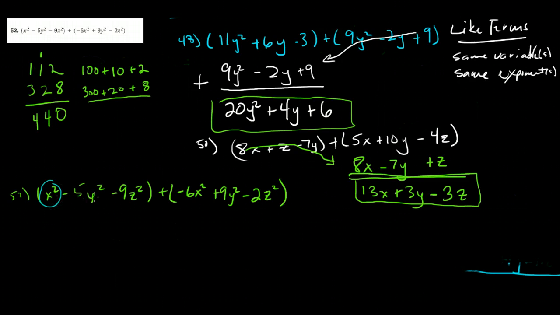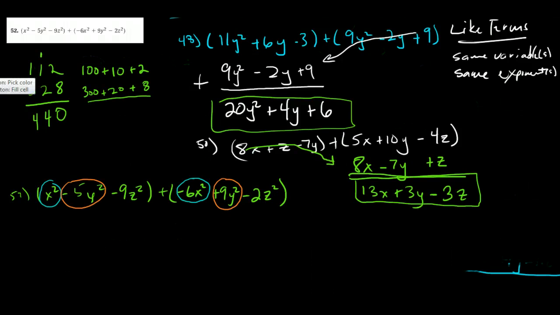So I have an x squared there, and I have a negative 6x squared there. And remember, the signs are the operators. So here I have a negative 5y squared. I don't just have a 5y squared, I have a negative 5y squared. And that maps over here to this positive 9y squared.